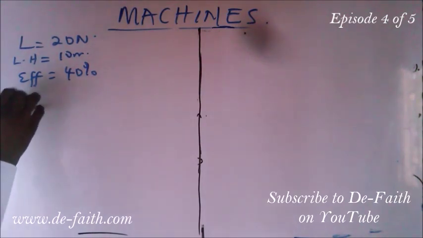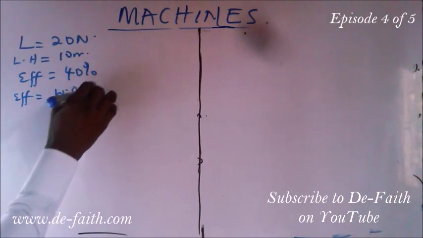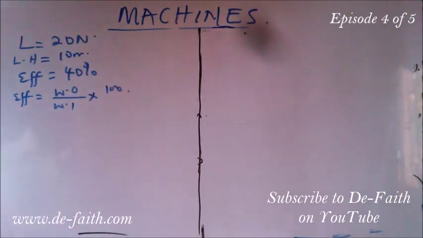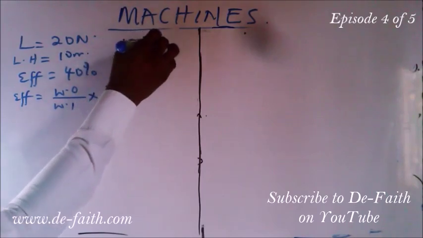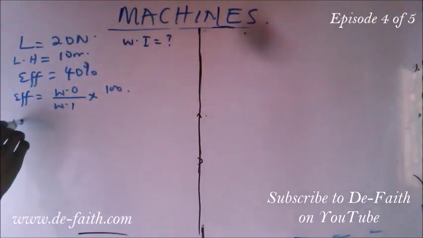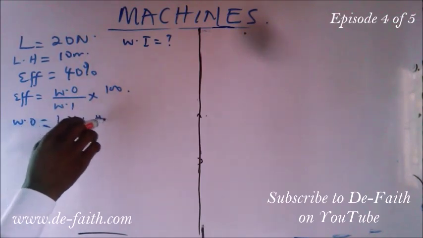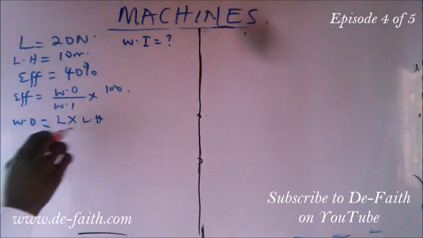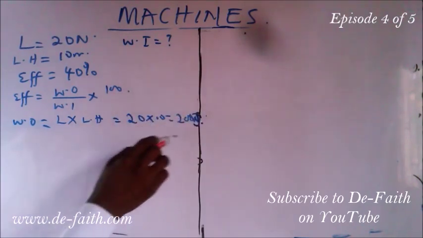Alright, so we have it as our efficiency is work output over work input times 100, and we are looking for how much work is done. So that is the work input that we have to look for. The work output can easily be gotten by saying the load multiplied by the height moved by the load, which is 20 times 10, that is 200 joules.